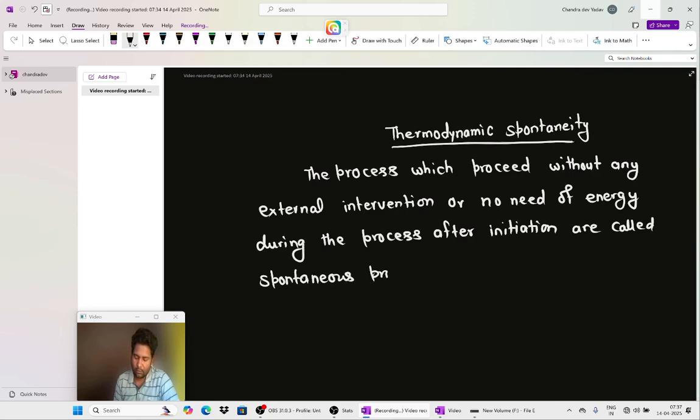Spontaneous process and phenomena is spontaneity.